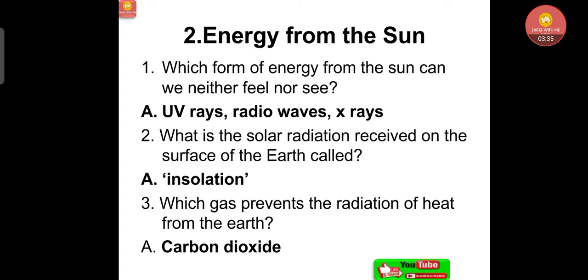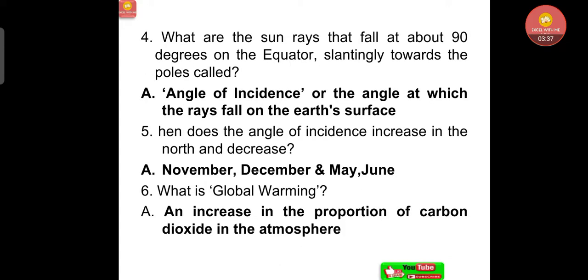Answer carbon dioxide. Next question, what are the sun rays that fall at about 90 degrees on the equator slantingly towards the poles called? That is angle of incidence, or the angle at which the rays fall on the earth's surface.